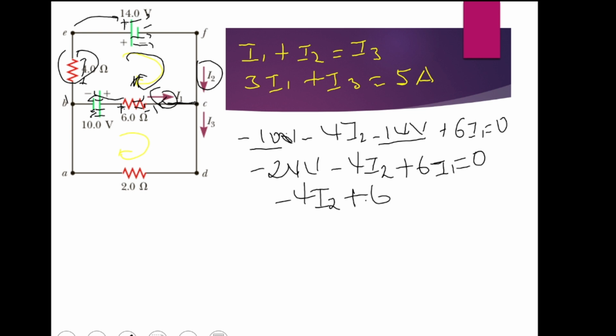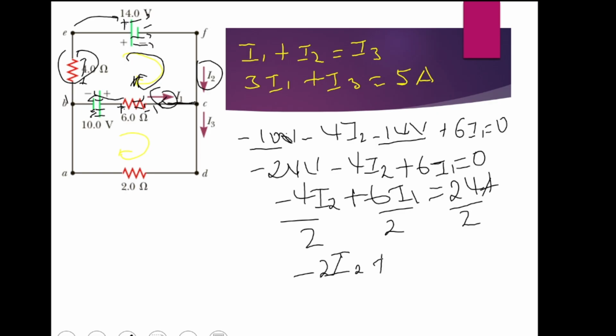Let's shift that one to that direction. 6I1 is equal to 24 ampere. Then let's divide by 2, which is going to be minus 2I2 plus 3I1 is equal to 12.